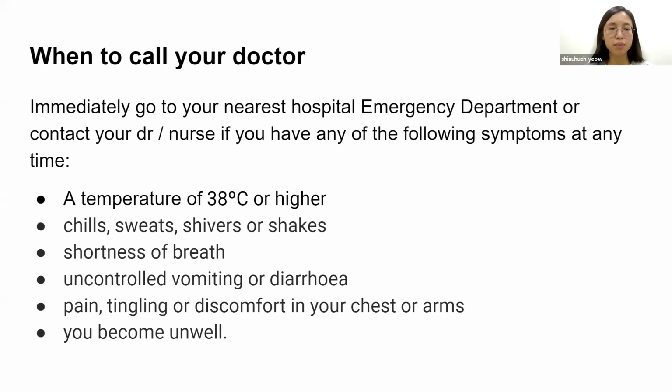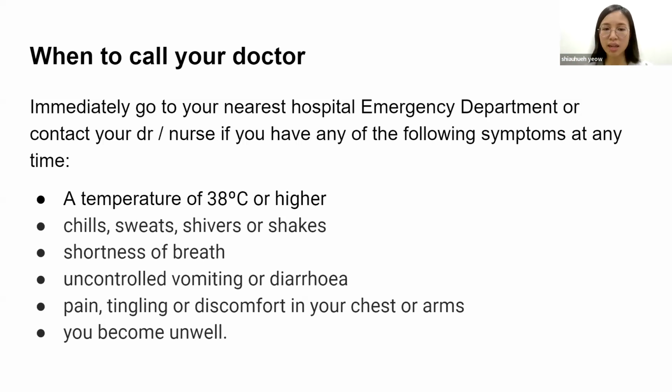Other than that, symptoms such as chills, sweats, shivers, shakes, or difficulty breathing must also be told to your doctors. Uncontrolled vomiting is another one. Usually when you're on certain chemotherapy, one of the side effects is vomiting, and the doctor would give you anti-nausea or anti-vomiting medications.